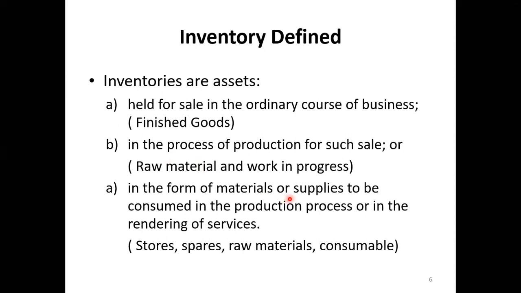Inventories also include material or supplies to be consumed in the production process or in the rendering of services. There are some service institutions that, when providing services, should keep some sort of inventories in hand, like glue, oil, some kind of chemicals.